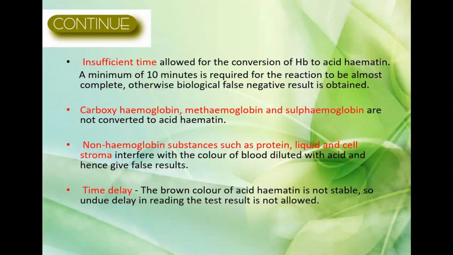Most of the time, a minimum of 10 minutes is required for the reaction to be almost complete. Otherwise, a false negative result is obtained. So you have to be very sure that you are keeping the sample for 10 minutes. Do you understand this? I think you are not doing it, right? Is it not? Yes, sir. So we have to keep it for 10 minutes, right?